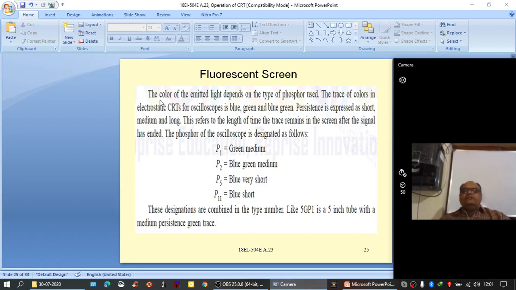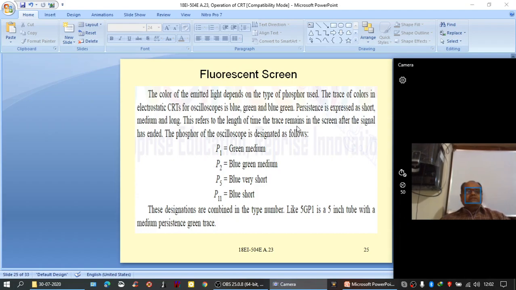Next, the color of the emitted light depends on the type of phosphor used. The trace colors in electrostatic CRTs for oscilloscopes are generally blue, green, and blue-green.